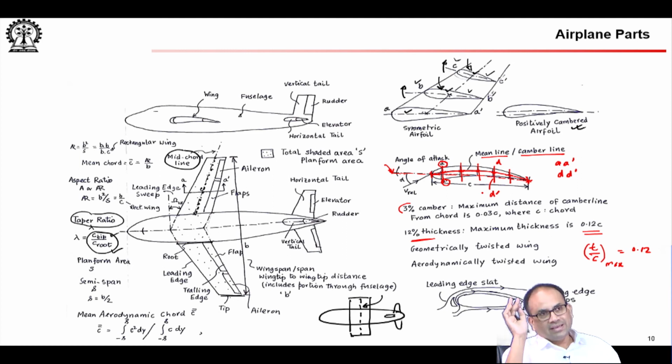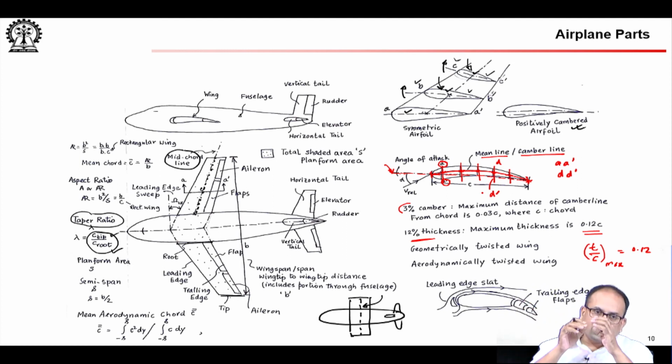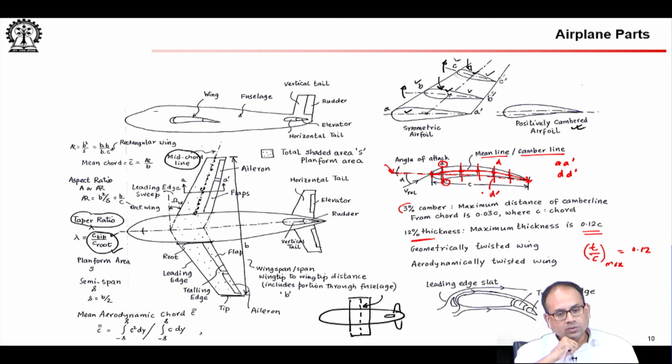Similar to the thickness ratio. So, when you say it is a 12% thick airfoil, it means the maximum thickness divided by C, which is the chord length, is 0.12. Similarly, when you say 3% camber, it also means the maximum distance of the camber line from the chord. So, you see that the start of the chord line coincides with the start of the camber line.